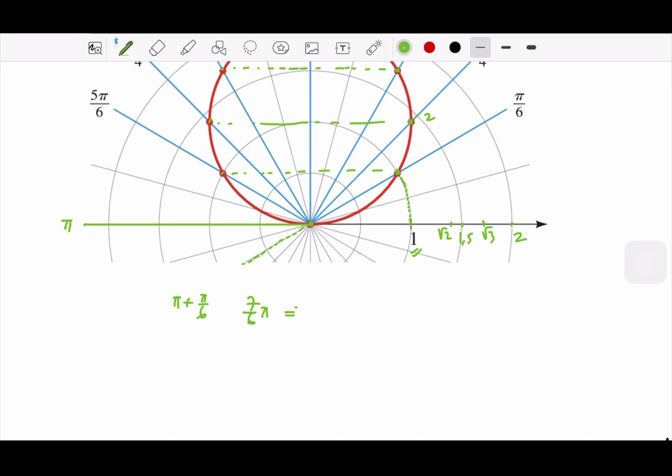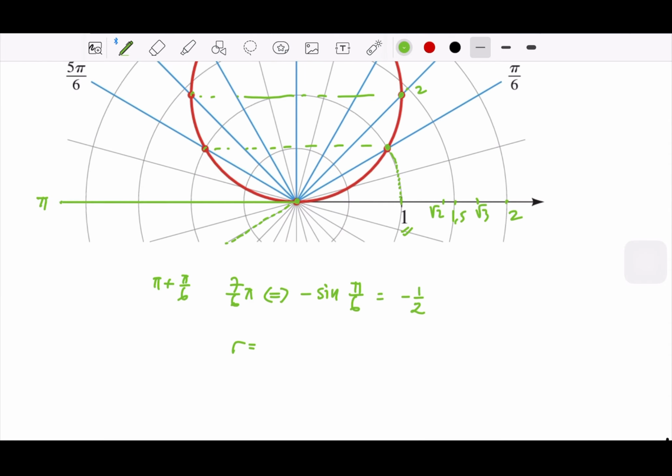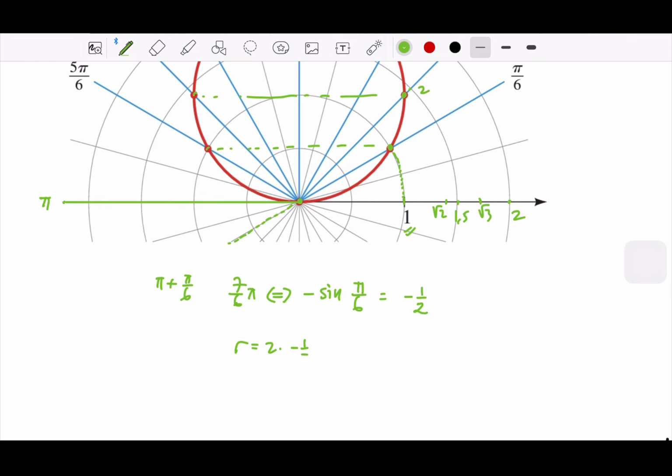But this will result in negative. The sign is negative. This is equal to this. Or this will be negative half, and in r will be negative 1. So this will be negative 1. What happens when we have negative 1?